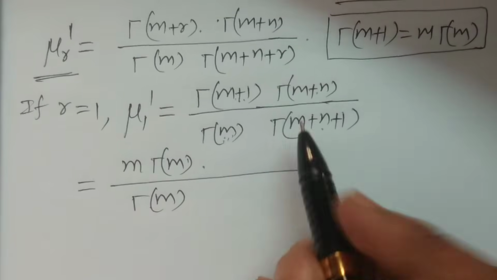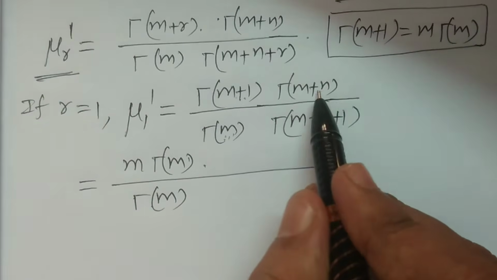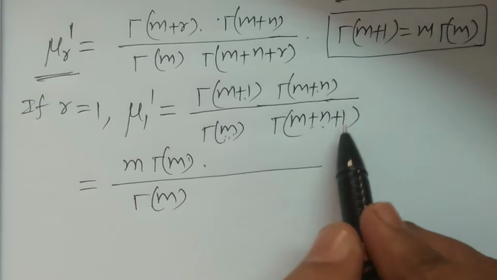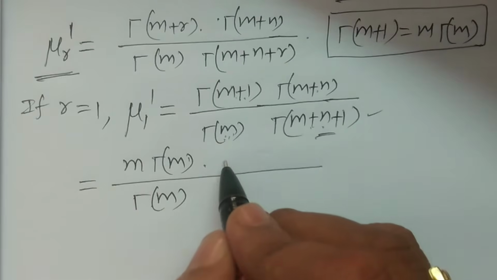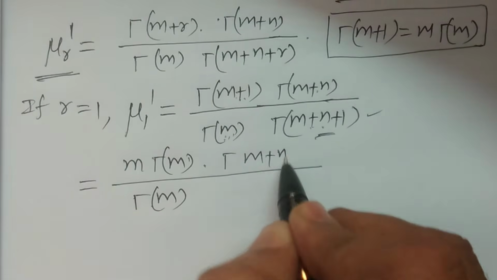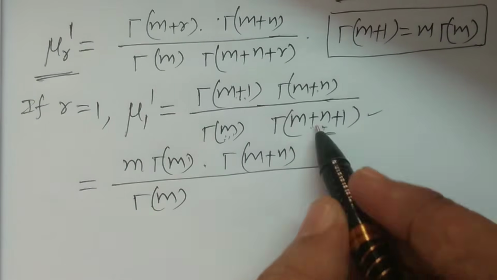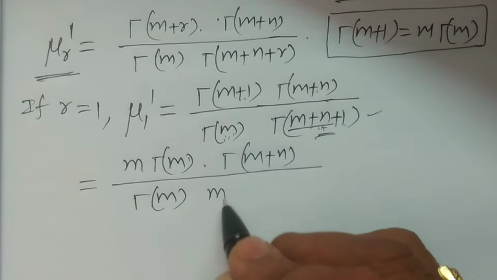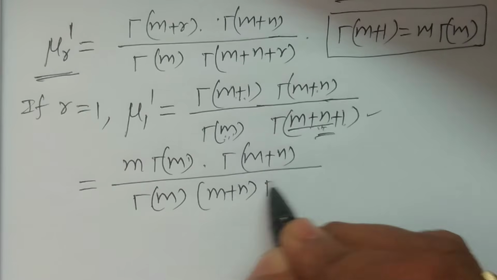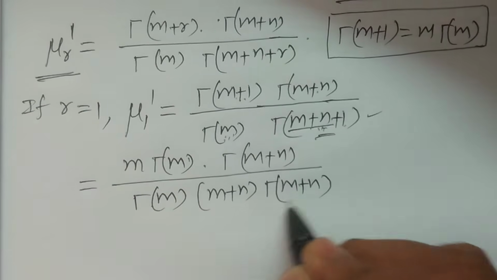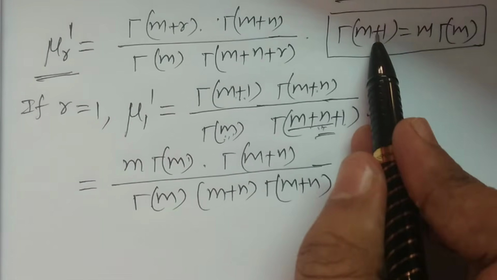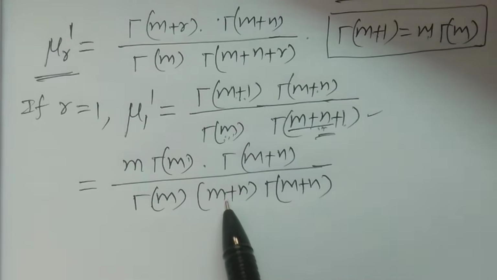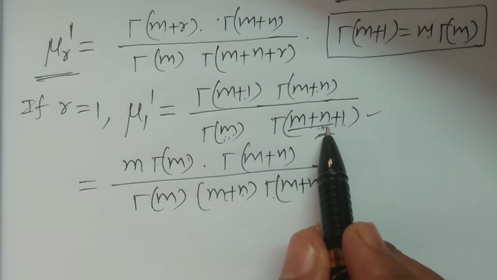Now consider gamma m plus n and gamma m plus n plus 1. This is the highest value, so I keep gamma m plus n as it is, and separate gamma m plus n plus 1 as m plus n into gamma of m plus n. Am I right?